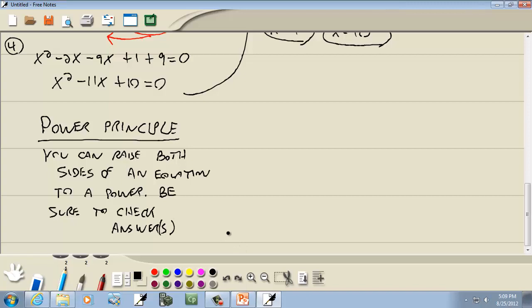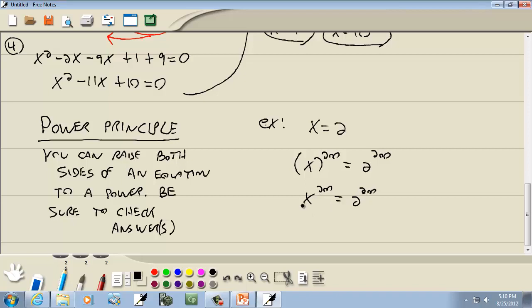Very important. You know, here's an example. We got this equation here. And if I ask you to solve it, you'd look at me kind of funny. It's like, what do you mean? This is a pretty simple equation. It's already solved. So our answer is 2. We got one answer, right? Well, imagine if I took both sides to the 200th power. Well, that'd give me x to the 200th equals 2 to the 200th, whatever that gives you.